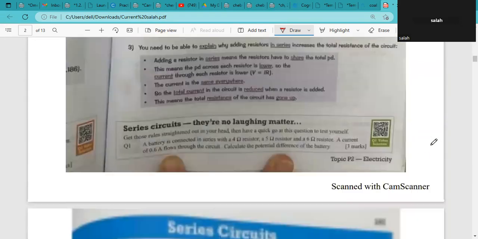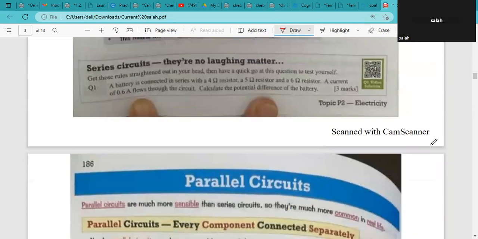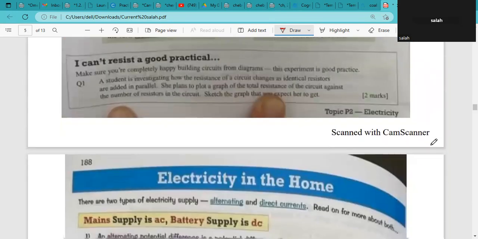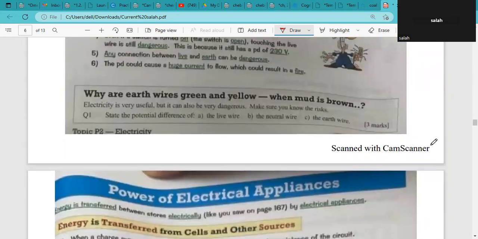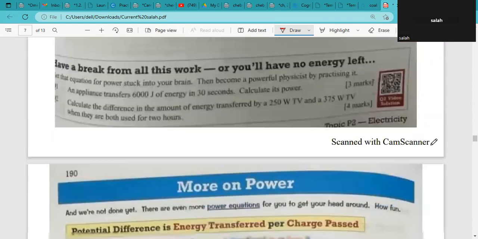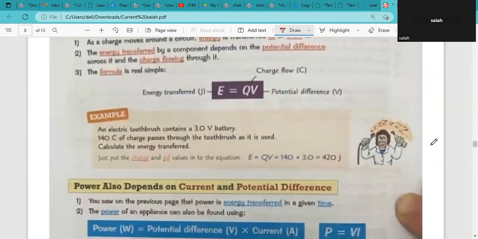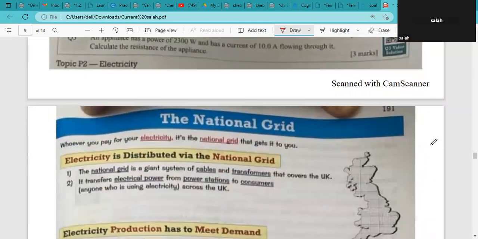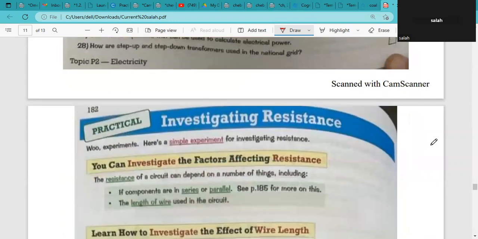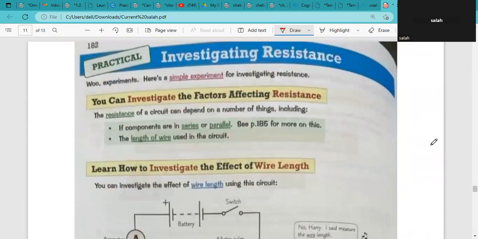I don't find it. Please keep the book. 190, 191, 192, 182. Oh, okay. This is it. Investigating resistance.